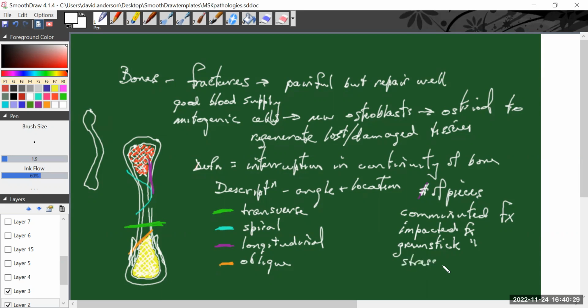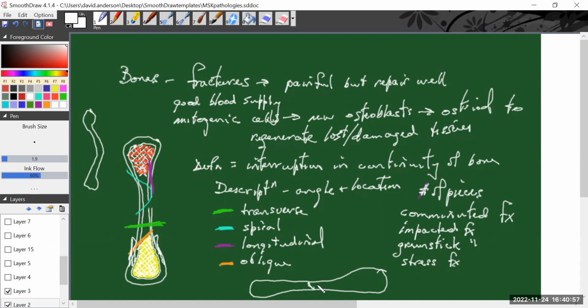Stress fractures. Stress fractures are sometimes hard to diagnose. It's really common in the fifth metatarsal, the outside bone of your foot, and a stress fracture might show up as a little bit of a line, almost no interruption in the surface of the bone tissue, but it is a very almost microscopic separation between the two sides of the bone, and that's a stress fracture.